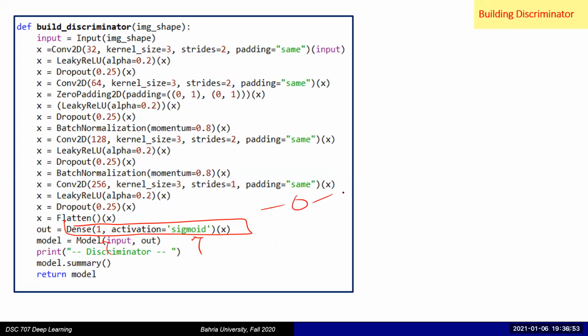Because it is only giving you the probability: if it is close to 1, it thinks it is a real image. If it is close to 0, it says it's a fake image, right? So you can connect these two using the functional API, and then you can train. I've excluded that code from the slides, but if someone wants, I can share it separately, right? Because that's a bit tricky to understand, so I did not include the training part in the slides. We discussed training only at the application layer without actually looking at how you implement it.